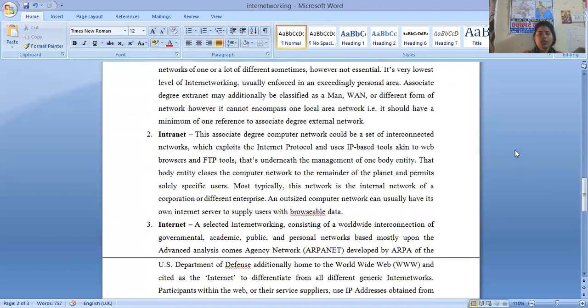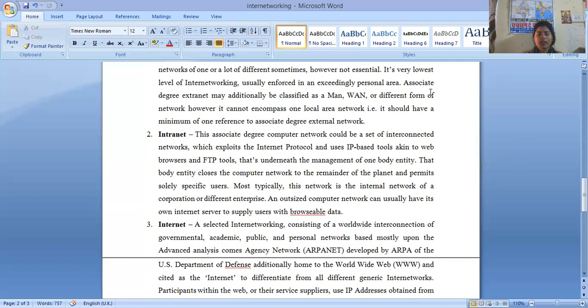Now, if we talk about the intranet, what is the intranet? An intranet is a set of interconnected networks which exploits the internet protocol and uses IP based tools like web browsers and FTP tools, which is under the management of one administrative entity.